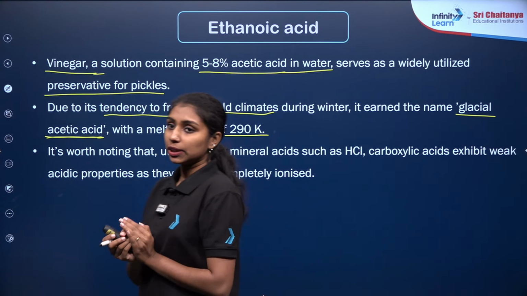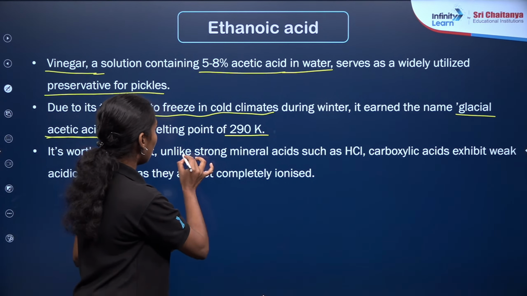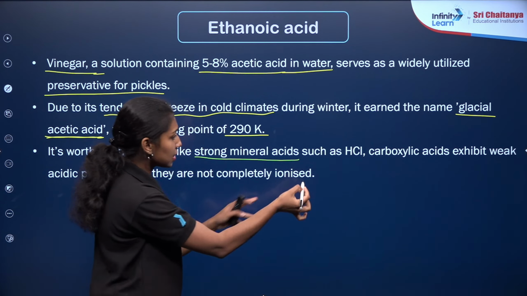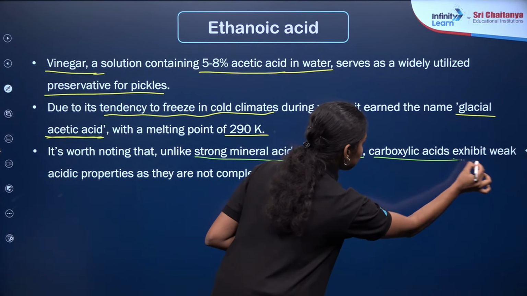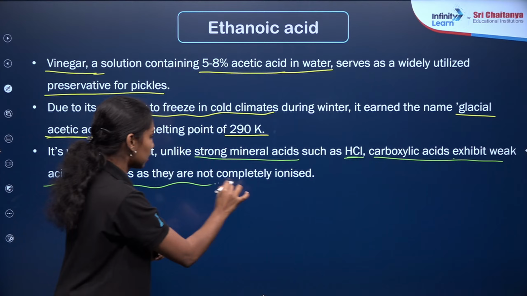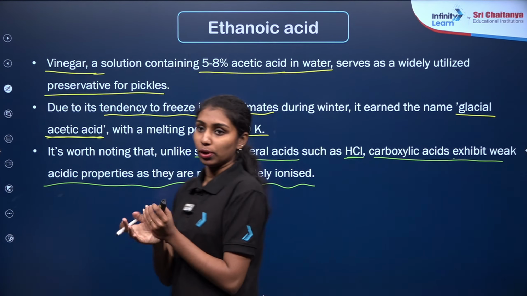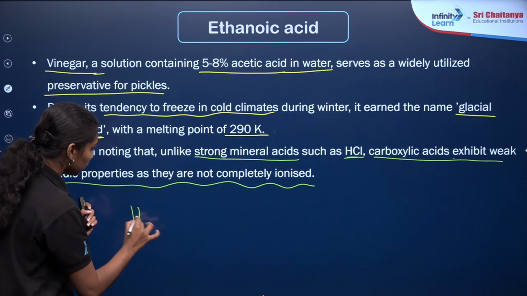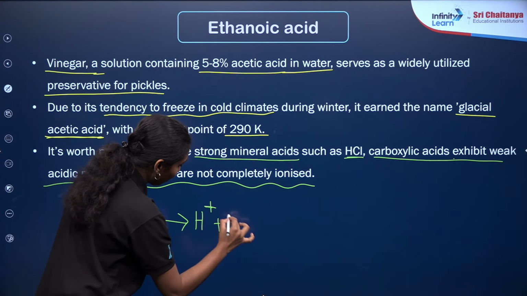Then the last property of ethanoic acid is this. Unlike strong mineral acids such as HCl, carboxylic acids exhibit weak acidic properties as they are not completely ionized. For example, if you put an HCl molecule in water, it will dissociate into H plus and Cl minus, right? It will be completely dissociated.